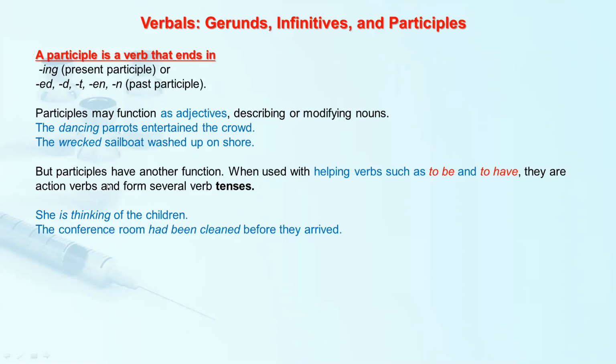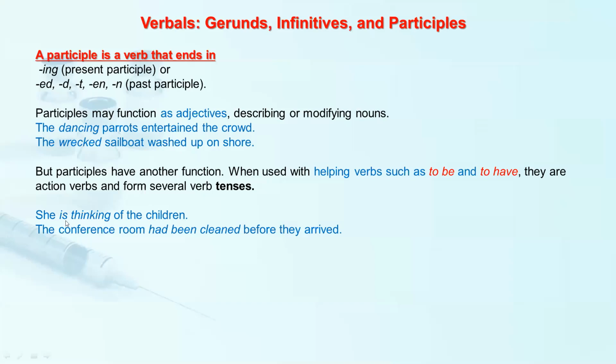But participles have another function when used with helping verbs such as to be and to have. They are action verbs and form several verb tenses, like: she is thinking of the children. Thinking here again ends with ing, a present participle.